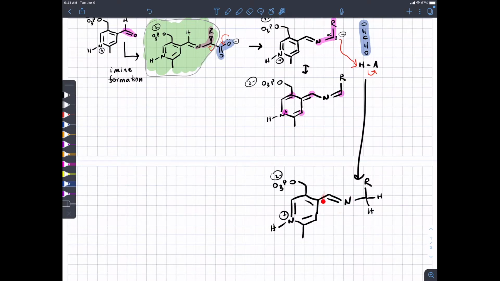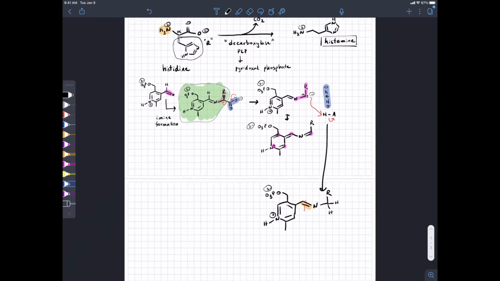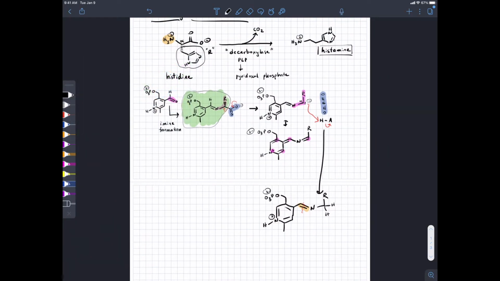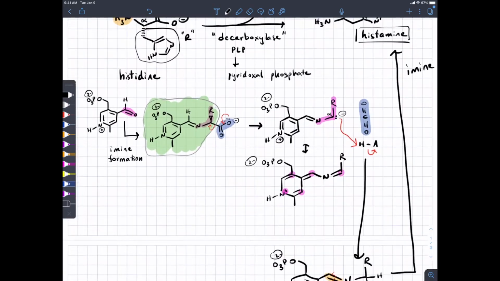Then this is just an imine that we can hydrolyze. And I'm just going to draw the arrow right here. This is imine hydrolysis.